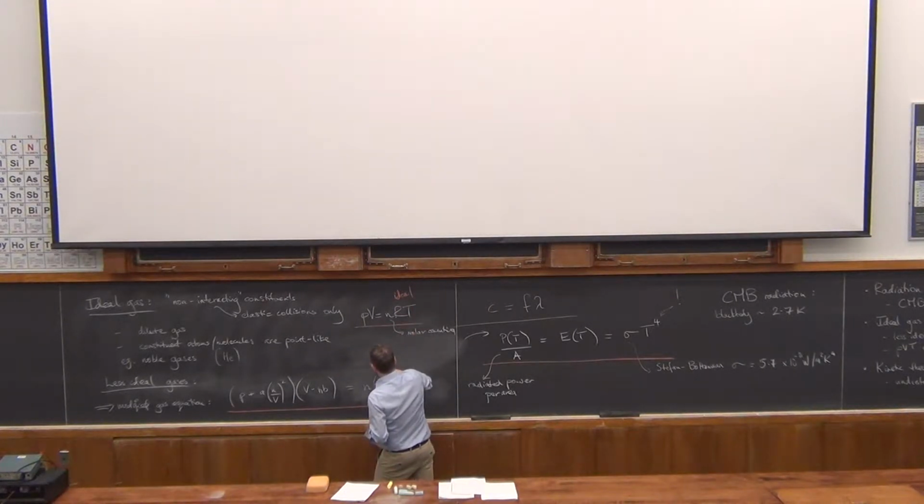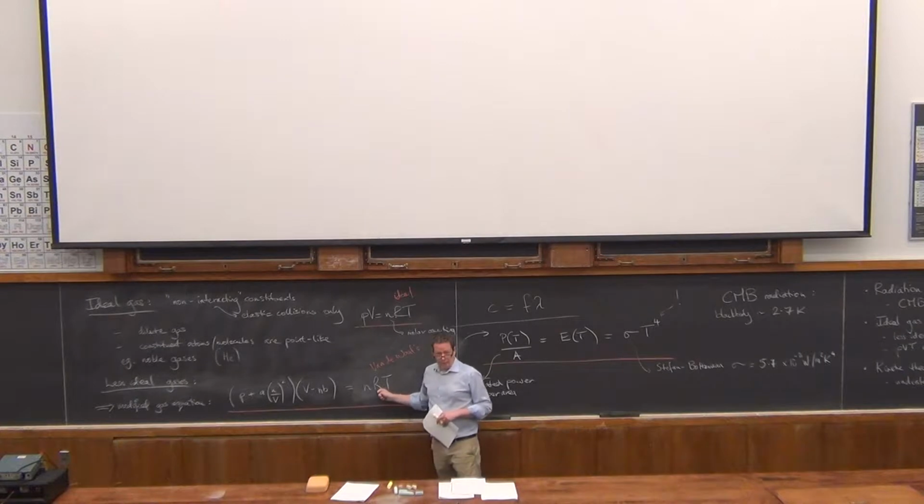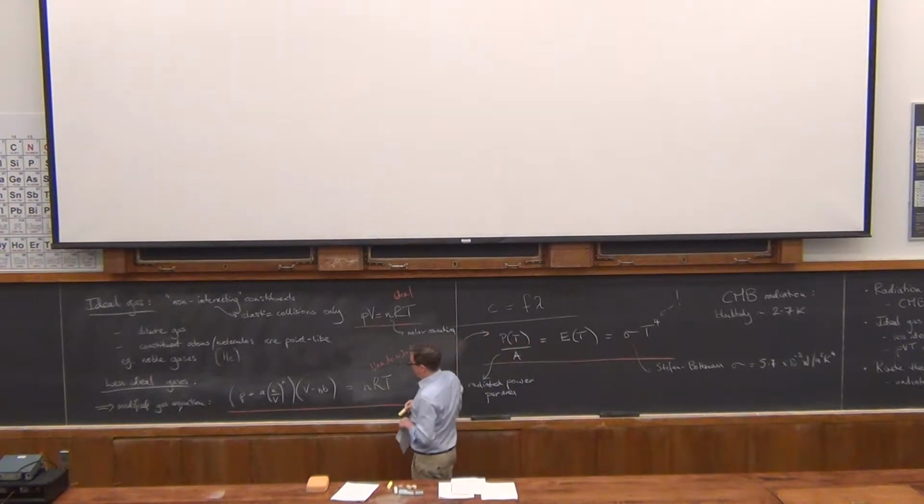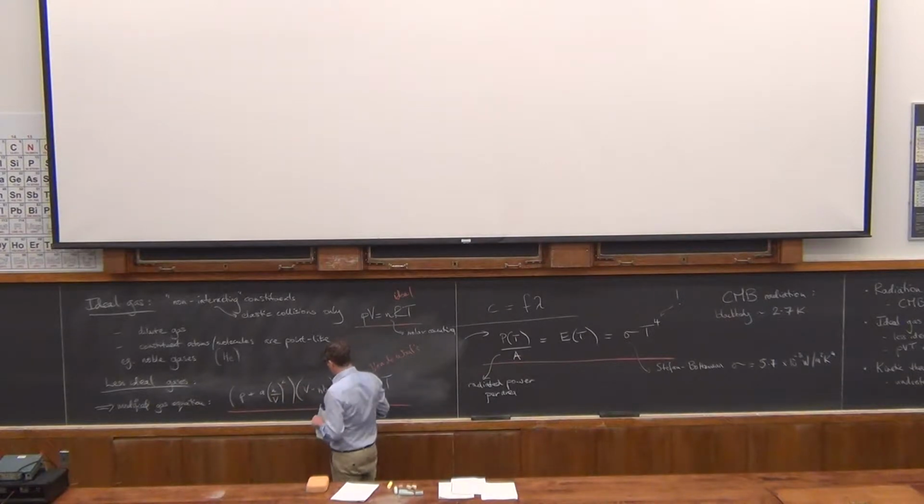This is van der Waals, which I'm not sure I'm spelling correctly, but fine. What you see on the right side is exactly the same, okay? nRT. And then what you see on the left side is a modification of the pressure and volume terms. These are just constants, and it doesn't matter what they are, okay?